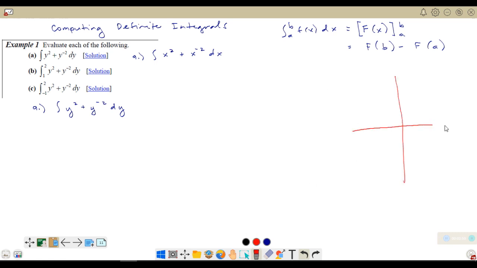Lagay tayo dito ng x and y axis. This is 1, this is 2, 1, 2. Yan, enough na yan. So, meron tayong mga vertices dito sa dalawang part na to. And actually, yung magiging itsura nung graph mo ganito. Papalapit siya ng papalapit dito, pero never niya talaga mai-intersect yung x is equal to 0.